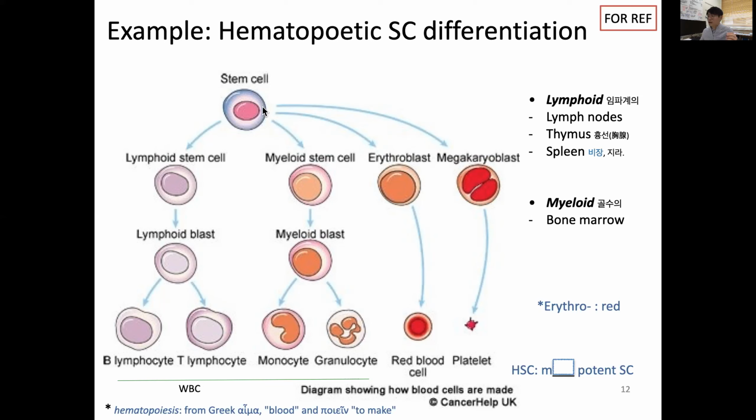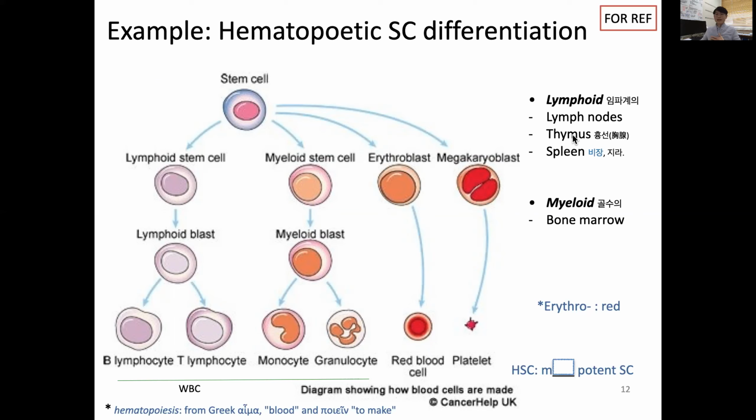And actually, there's an active process of hematopoiesis, or there exist hematopoietic stem cells, usually inside our bone. So stem cells can become divided into, let's say, lymphoid stem cells, and lymphoid means lymph nodes. So it's related to our immune system, and those lymphoid stem cells reside in the thymus.